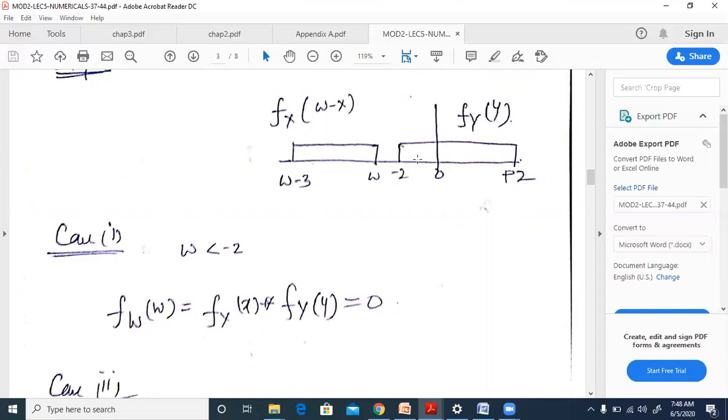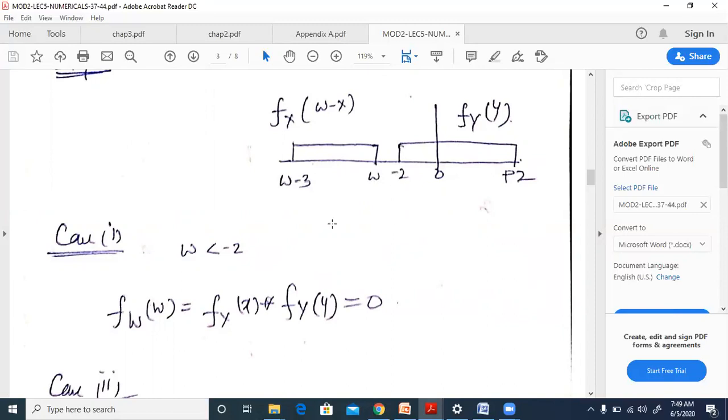Since the number of units here is 3 and the number of units here is 4, the full overlap will occur only when this point crosses this. When this point crosses this, w minus 3 is equal to minus 2. That will give w equal to minus 2 plus 3, that is w equal to 1. So it should be lesser than 1.